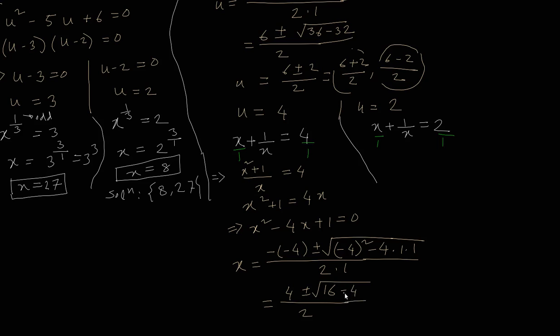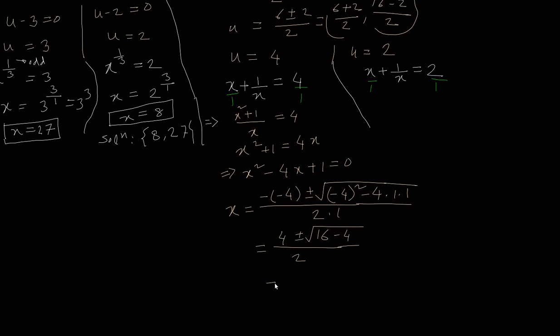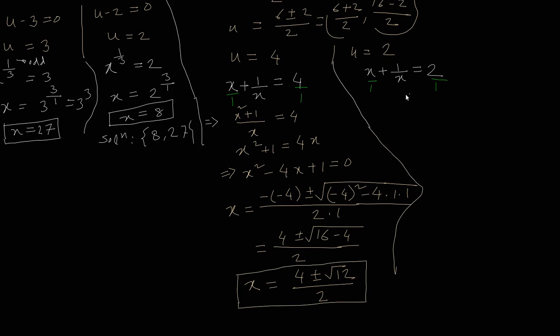So I get x equals 4 plus minus the square root of 12 over 2. Okay, so this means two solutions here. I am not going to simplify it more.